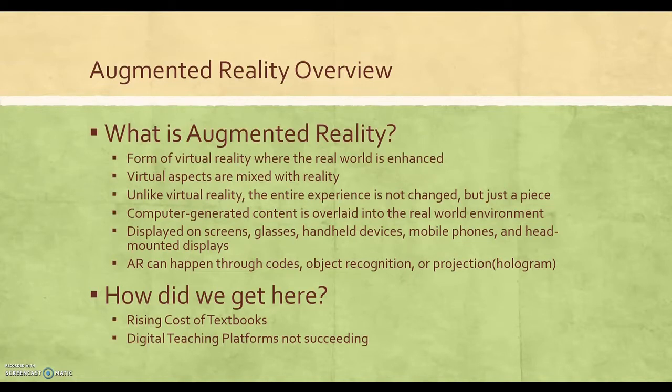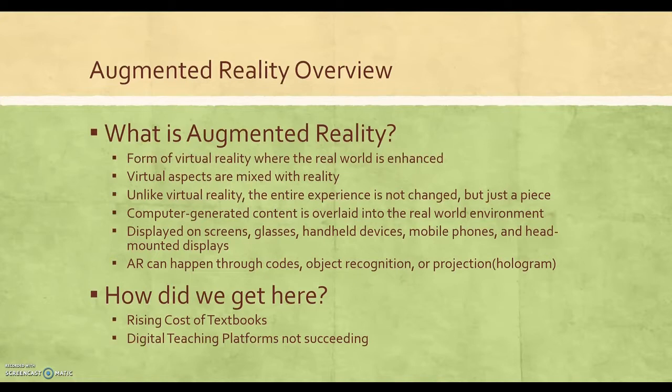Augmented reality is a form of virtual reality where our real world is enhanced. So unlike virtual reality, where the entire experience is changed, augmented reality changes our world just a piece. Virtual aspects are mixed together with our reality, and it does so by inserting computer-generated content into our real-world environment.